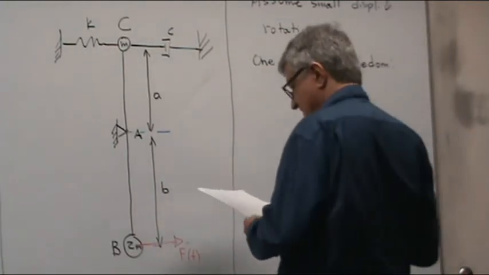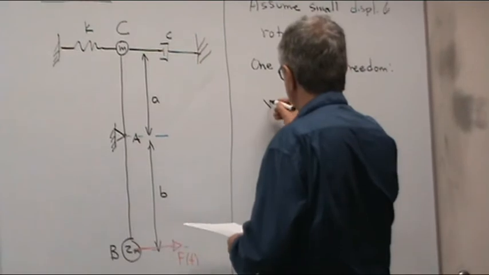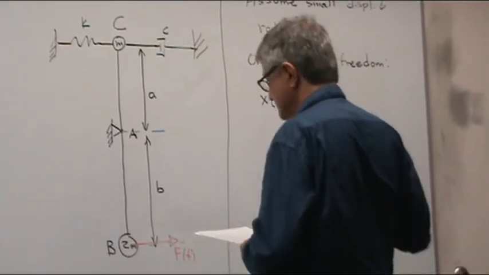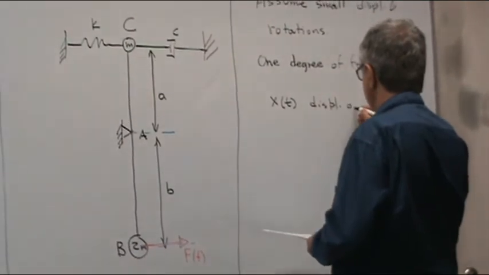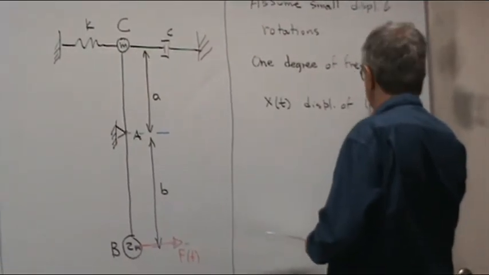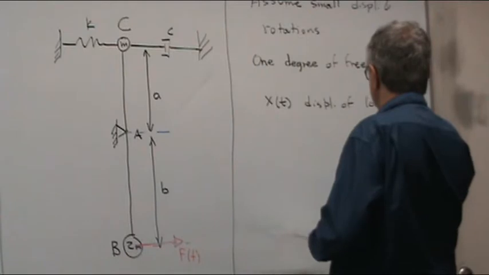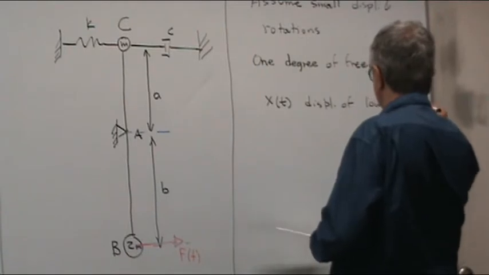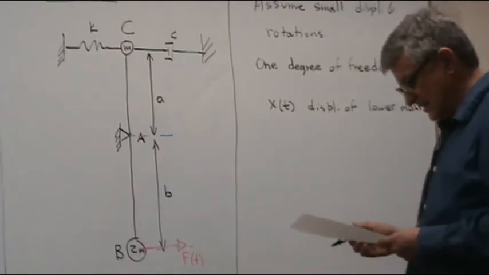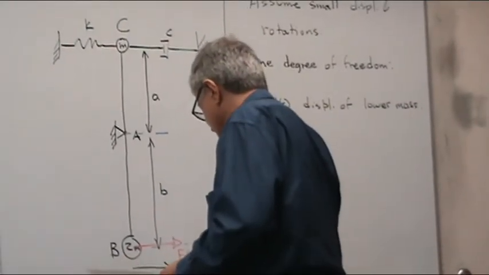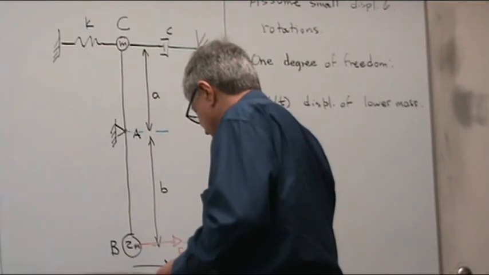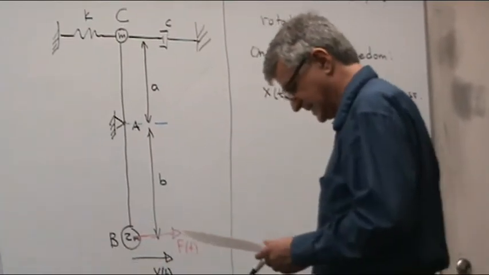And this is x of t, the displacement of the lower mass. So this is x of t. That's the degree of freedom. And this is the horizontal displacement, okay?